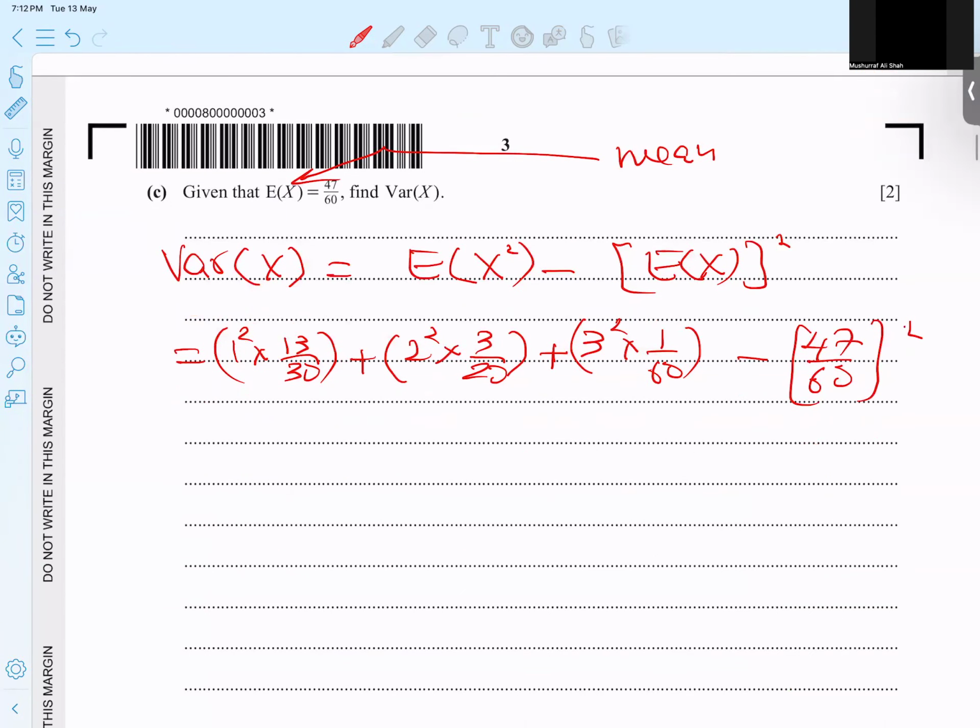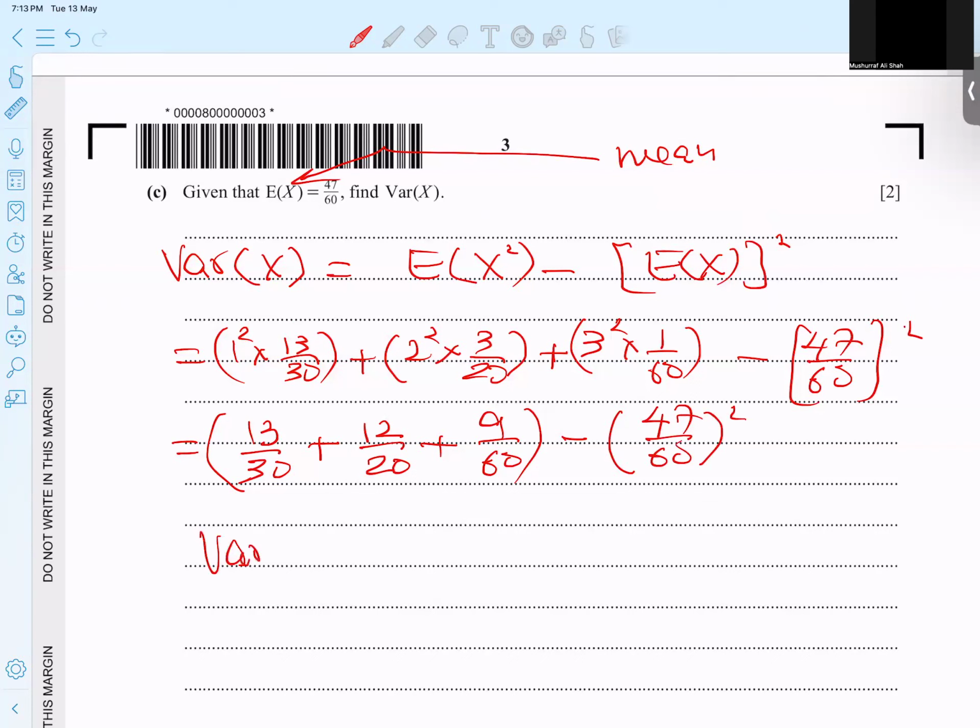And if I check it, what answer am I getting finally? This is coming 13 over 30, and here I got 4 times 3 is 12 over 20, and 9 over 60. This is adding, and minus 47 over 60 whole square.